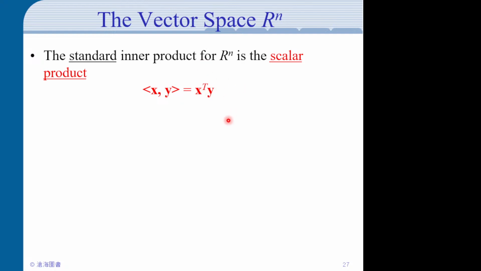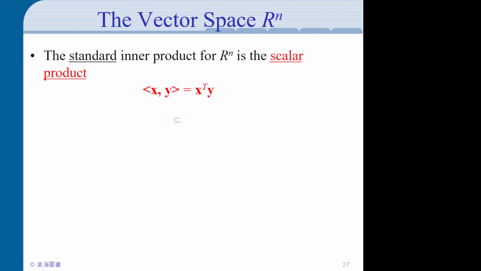So I guess we can check these three. Let's write a little more here. This thing is the sum over i of x_i y_i.